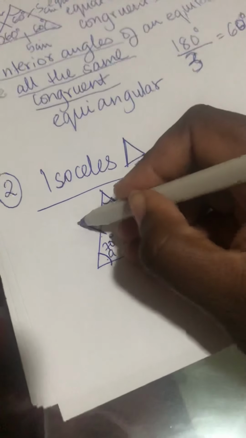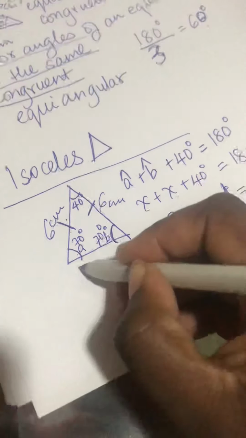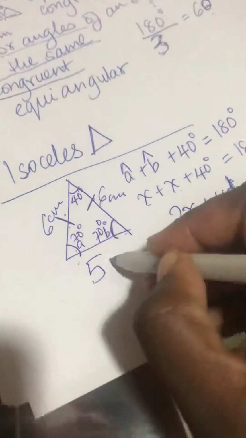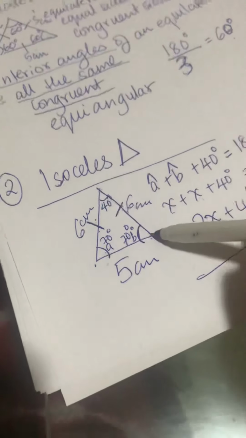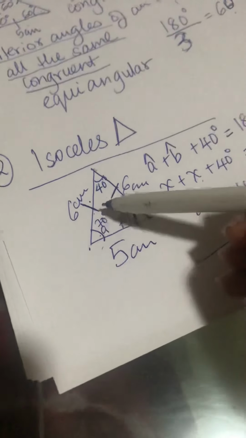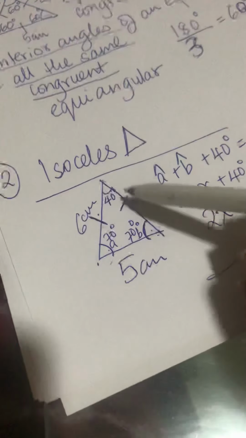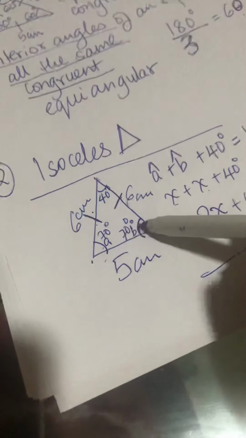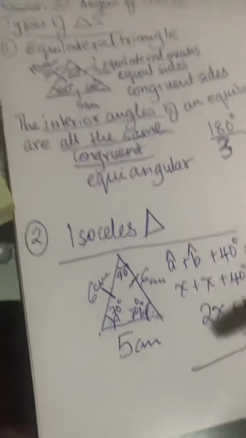Here I can put two same numbers, 6 centimeter, 6 centimeter. This will be different, 5 centimeter, like that. So in an isosceles triangle, two sides are the same, two interior angles have to be the same. Okay? Like that. So we will write here the definition.